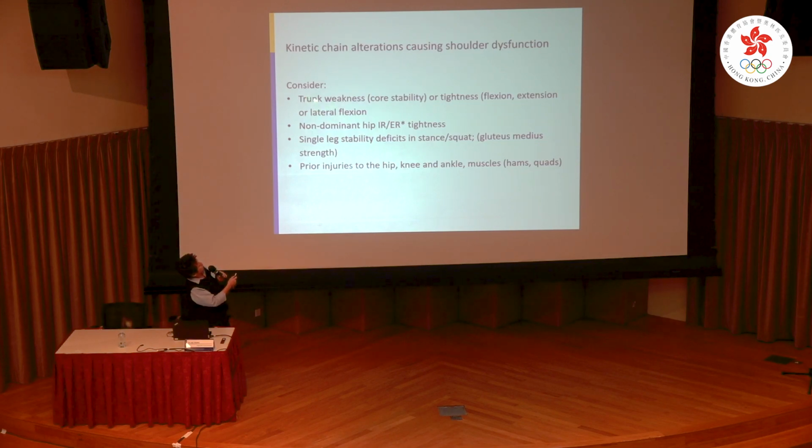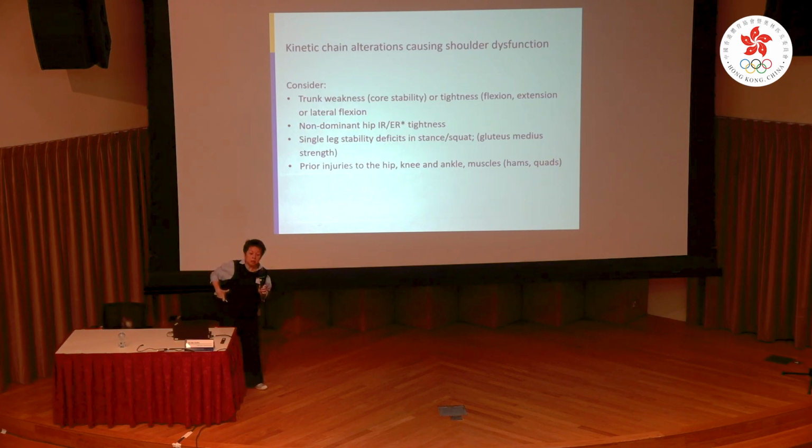For instance, if you have trunk weakness, if your core is not strong, the stability is lost. So you're requiring other muscles to work a lot harder. If there's tightness in flexion, extension, or lateral flexion, if this is very tight, you can't go through.